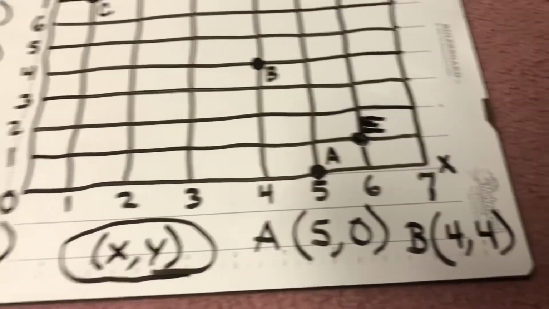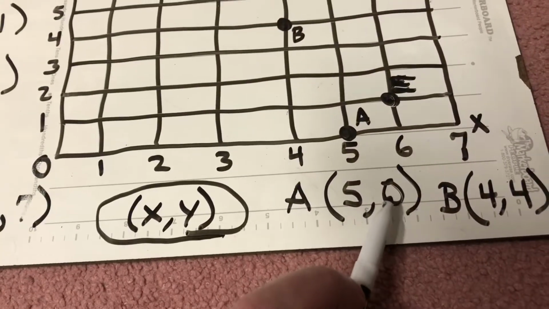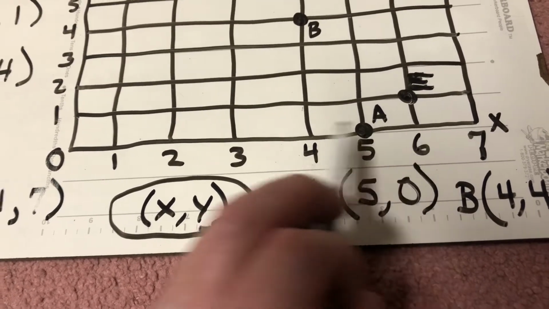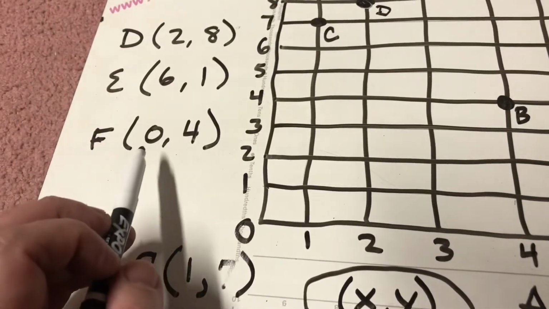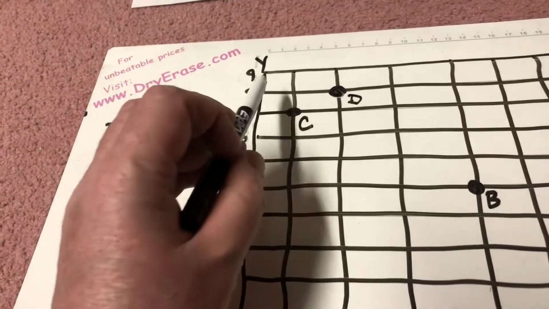Point E. The last one, point F, 0, 4. Just like this one, when it had a y-coordinate of 0, it's right on the x-axis, like this A did. Here when it has an x-coordinate of 0, it's going to be right here on the y-axis. You can see the y there.